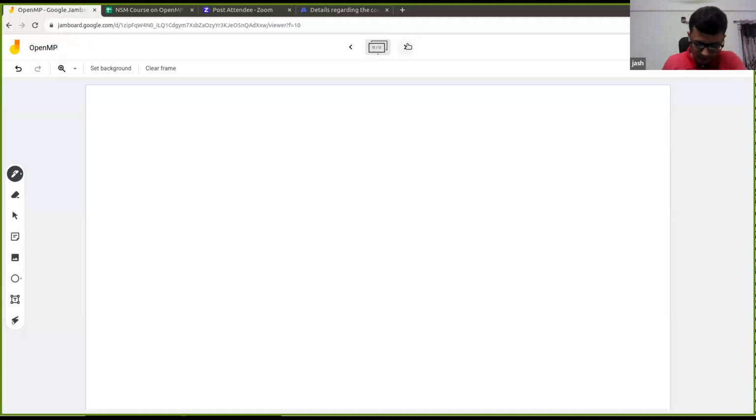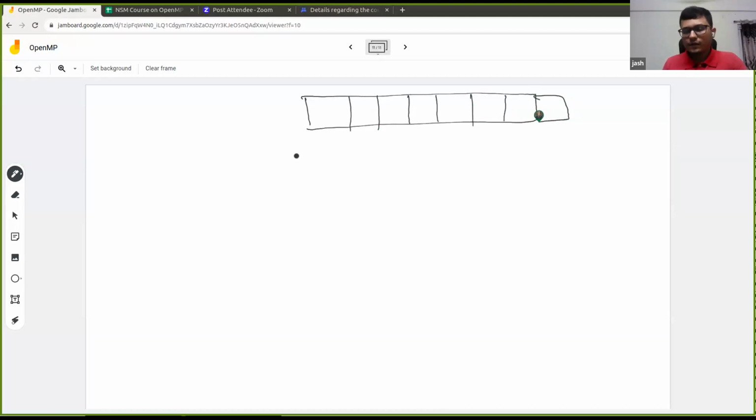Okay. Yeah, so we can keep the algorithm simple. What we'll do is, let's say you have this vector of 8 elements, and you want to divide it among 4 cores.